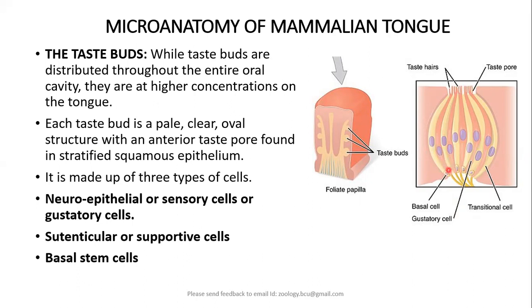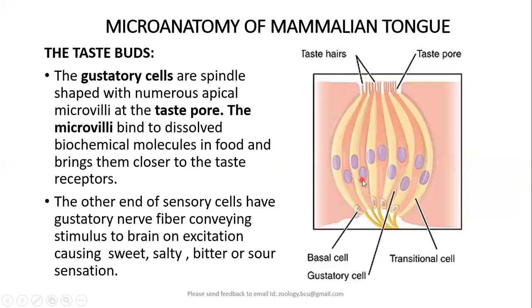And this taste bud is made up of three types of cells: neuroepithelial or sensory cells, or gustatory cells, which help in tasting the food; then supporting cells or sustentacular cells. The third type of cells are called the basal cells. So the gustatory cells are spindle shaped with numerous apical microvilli at the taste pore.